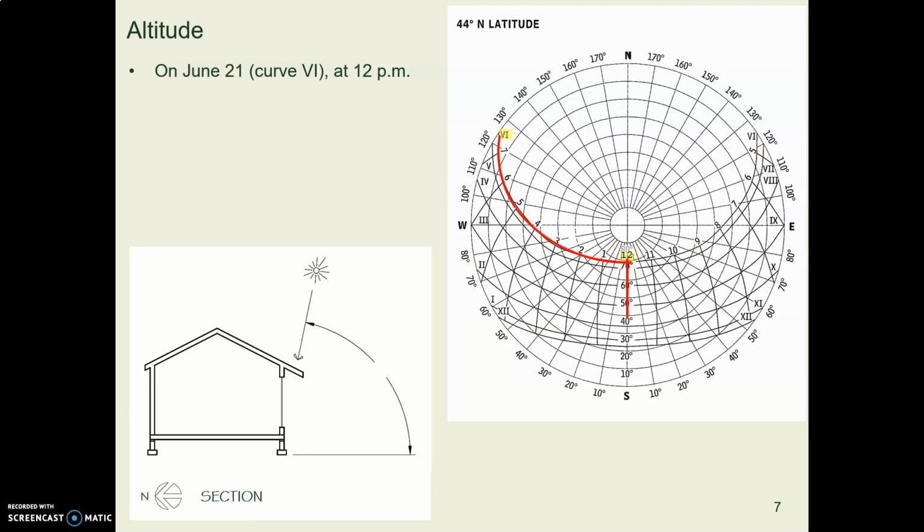So there's our 6th month and 12 o'clock noon. And let's find where those two lines intersect, and I'm going to put a big old dot right there. And now to find the altitude, these concentric circles are for altitude, so let's find a circle that goes through that dot where they intersect, and there it is right there.